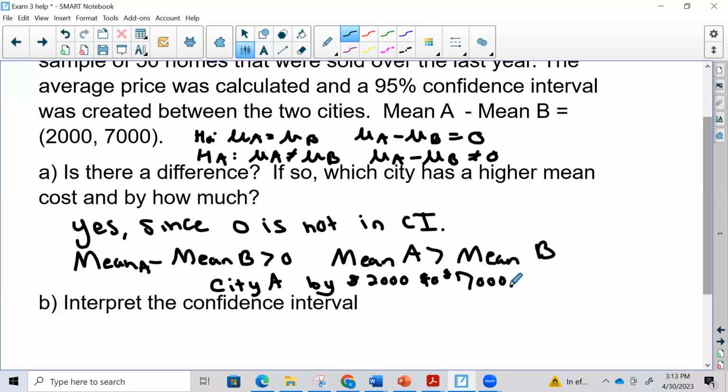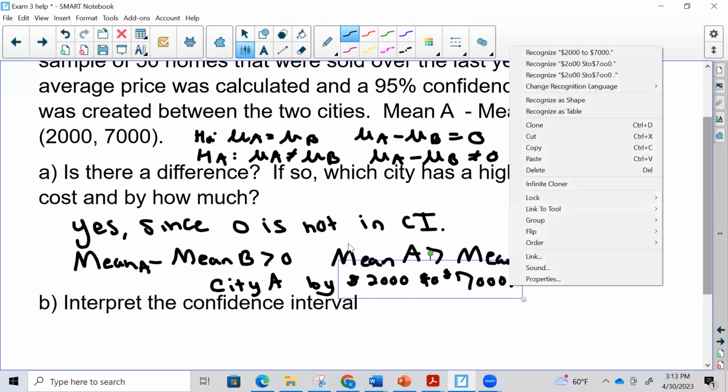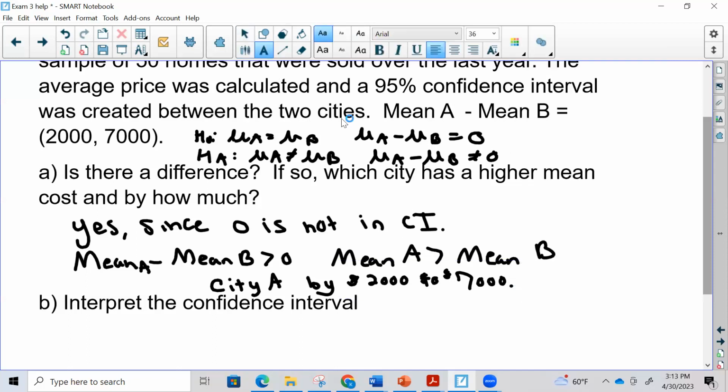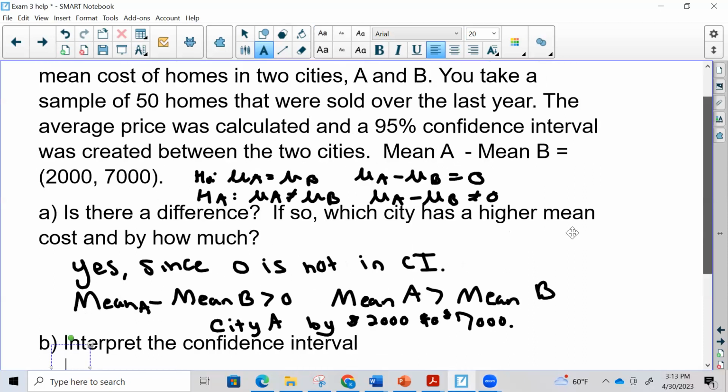You don't have to do any calculations for this. The confidence interval is literally telling me the difference between the two samples. And anytime we interpret a confidence interval, we are using that language. We are 95% confident that the true difference, because that's what we're comparing, between city A and city B is this interval.